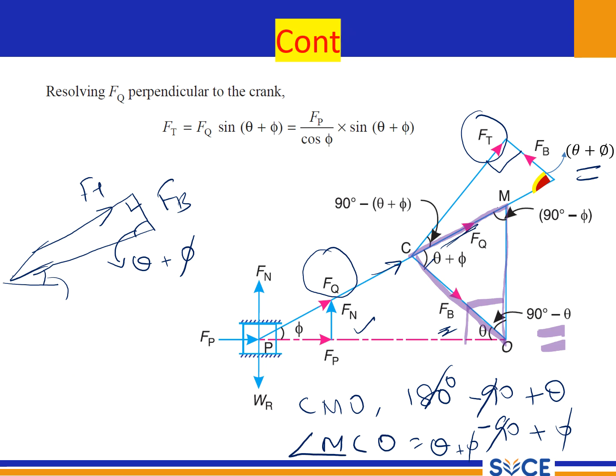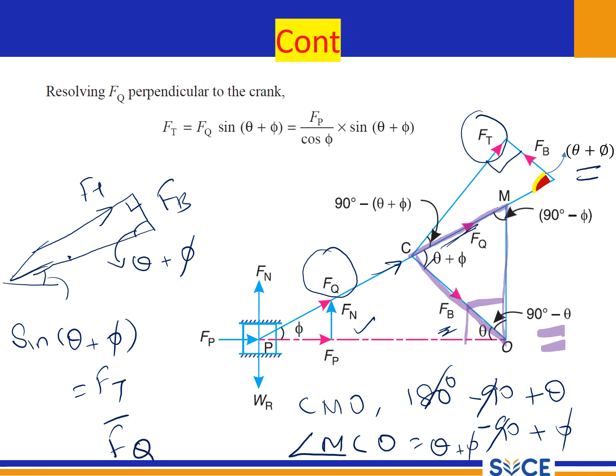Sine theta plus phi. What is sine theta plus phi? It is nothing but the opposite side by hypotenuse. Here opposite is FT, hypotenuse is FQ.